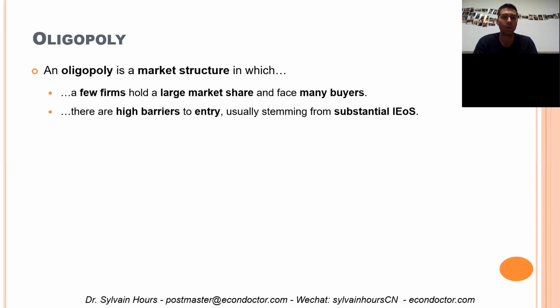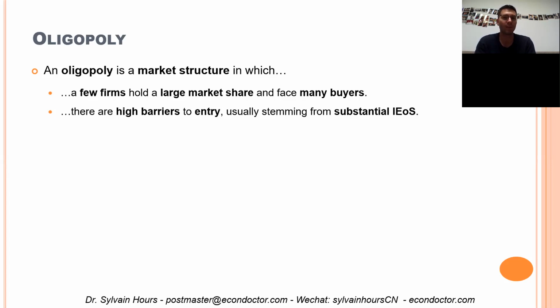And yes, a duopoly is an oligopoly, absolutely. It's not different. A duopoly is an oligopoly in which you have only 2 firms. With 3 firms, you would call it a triopoly. With 4 firms, probably a quadropoly. And then you can just carry on.